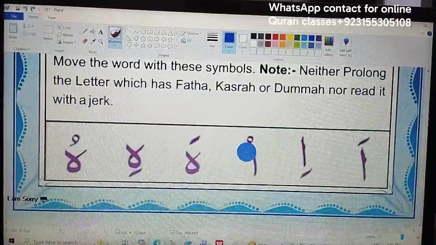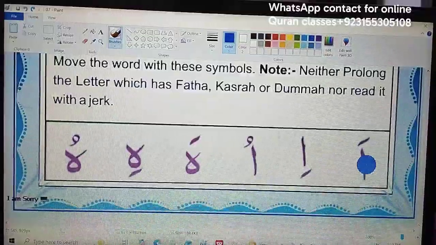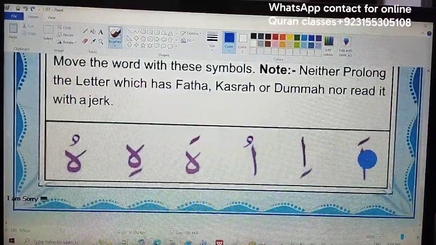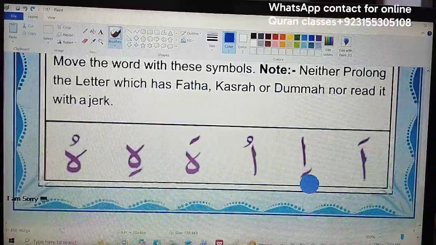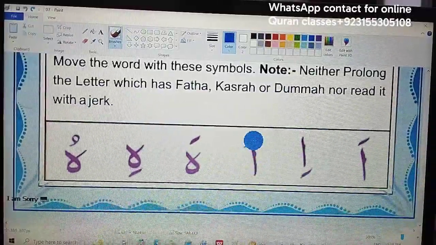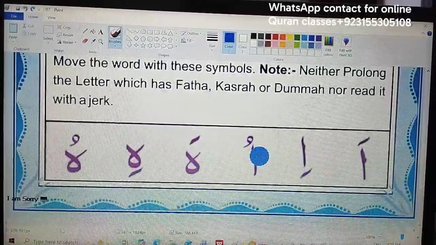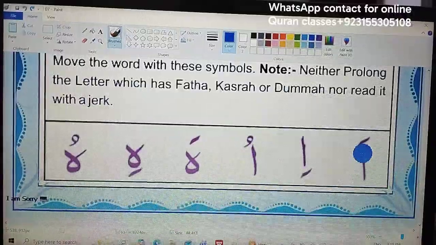Now we read without spelling and fluently, like a, e, u with haraka. Hamza, fatha, a. Hamza, kasra, e. Hamza, dhamma, u. A, e, u. We don't read like this, hamza, fatha, a, with a jerk.